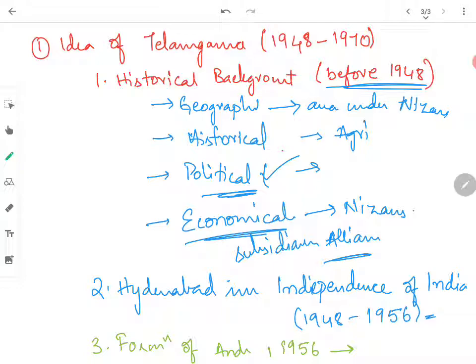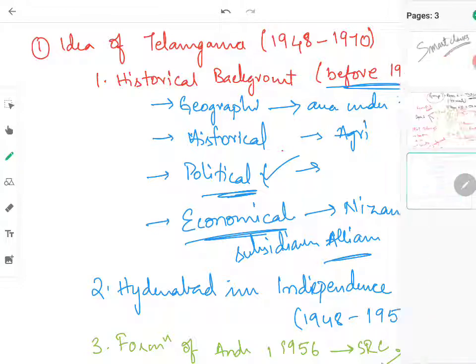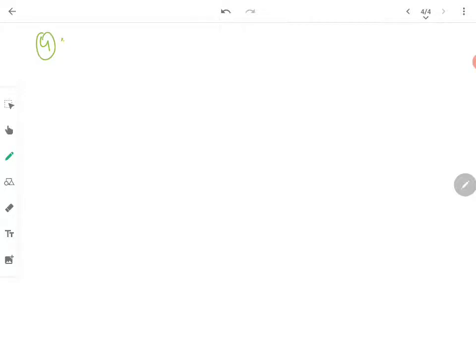We will learn about the State Reorganization Committee and the Gentleman's Agreement, the most important agreement signed between the people of Telangana and Andhra Pradesh. This agreement is also known as Pedda Manushula Agreement in Telugu.